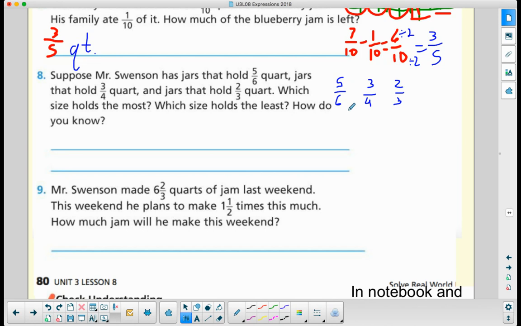It's a little bit less than a whole. 3/4, a fourth is a little more than a sixth, so it's a little further from a whole. So 5/6 is greater than 3/4. 2/3, a third is even a little bit bigger than a fourth, so it's a little further from a whole, or closer to 0. It's a little less. 2/3 is a little less than 3/4, or 3/4 a little greater.